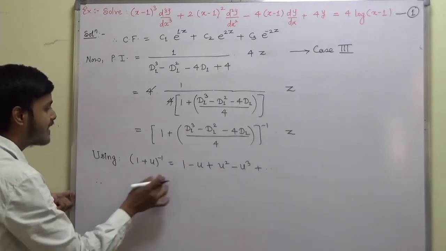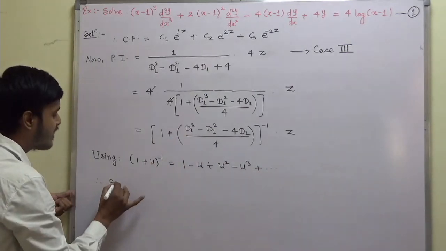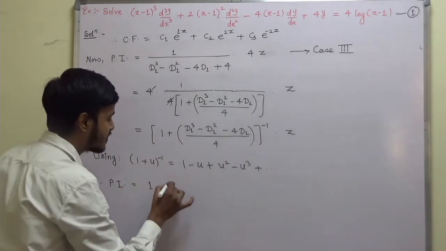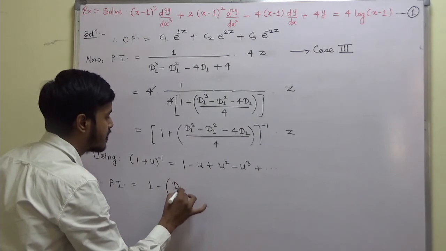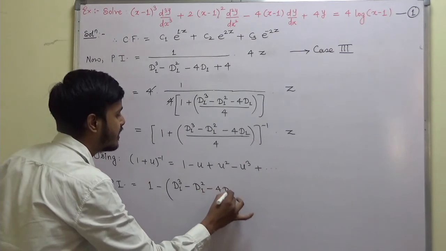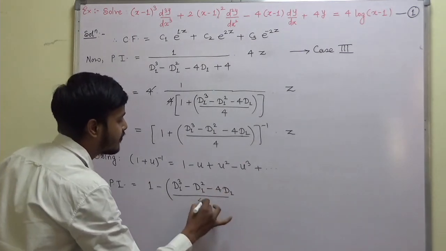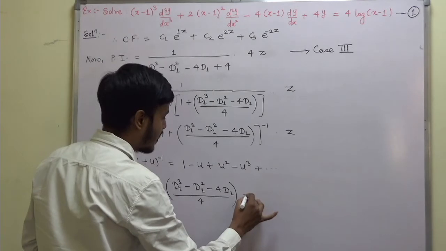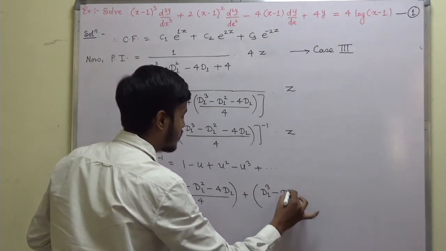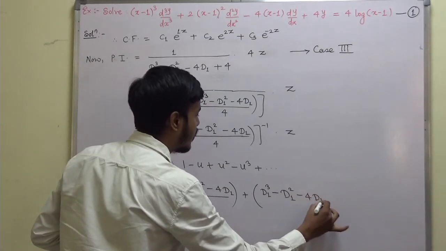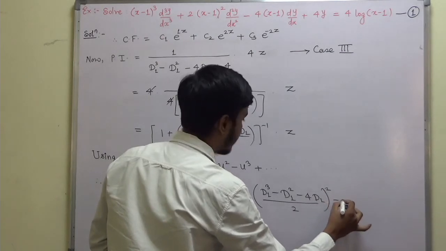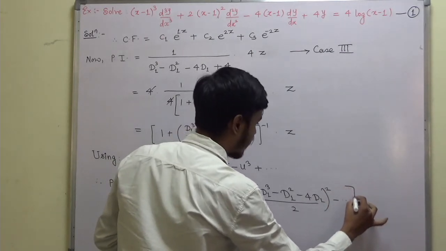Applying this, we'll be getting PI is equal to 1 minus (D1 cube minus D1 square minus 4D1) by 4 plus (D1 cube minus D1 square minus 4D1) by 4 whole square minus and so on, into z.